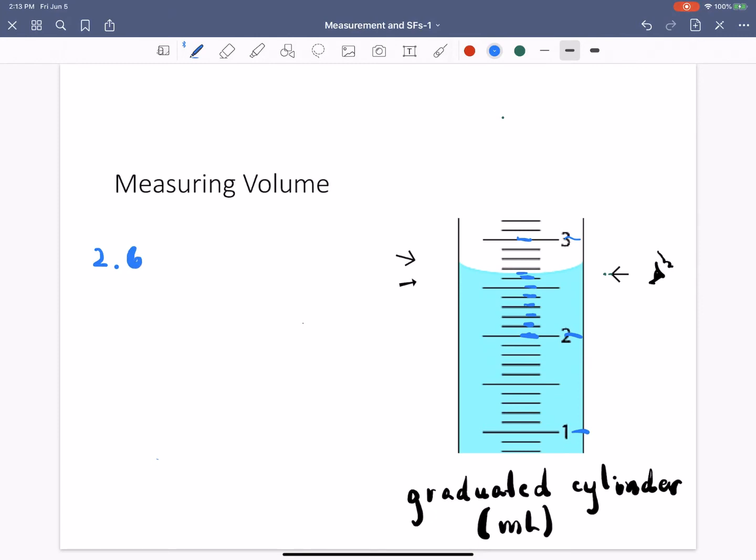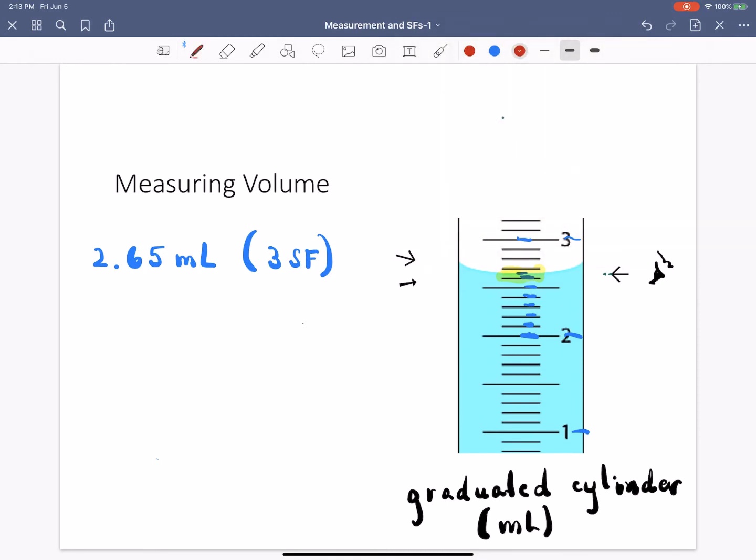So I'm going to break this space into 10 equal pieces and estimate how far I am between 2.6 and 2.7. I'm going to say that I'm halfway there. And then add units. There's my measurement. 2.65 milliliters is my volume, reported to 3 sig figs, which is the right way to report it using this tool.